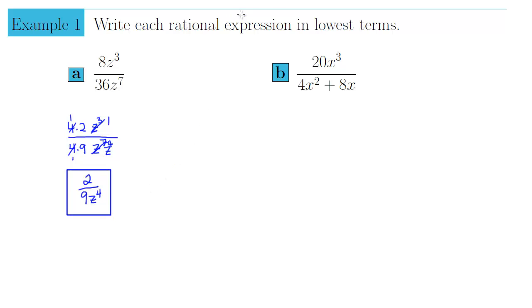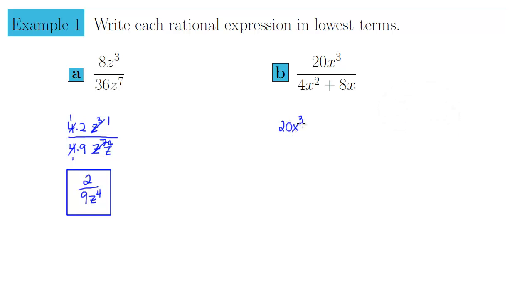Let's move on to example 1b. 20x cubed over 4x squared plus 8x. Now in this example, notice the denominator is not yet factored. It's a sum of 2 terms. So the first thing we need to do is factor. Alrighty, rewrite the numerator, 20x to the 3rd.